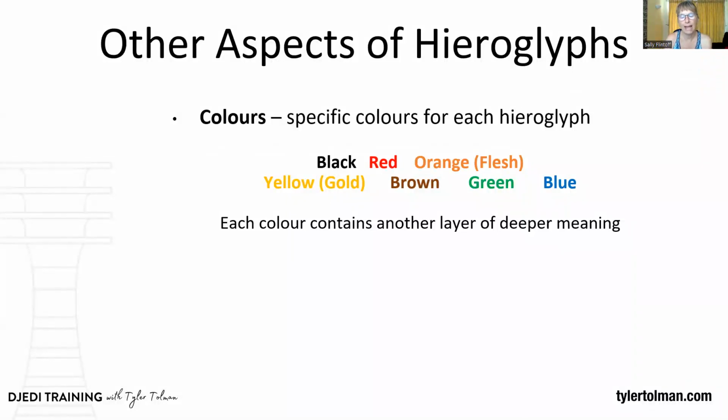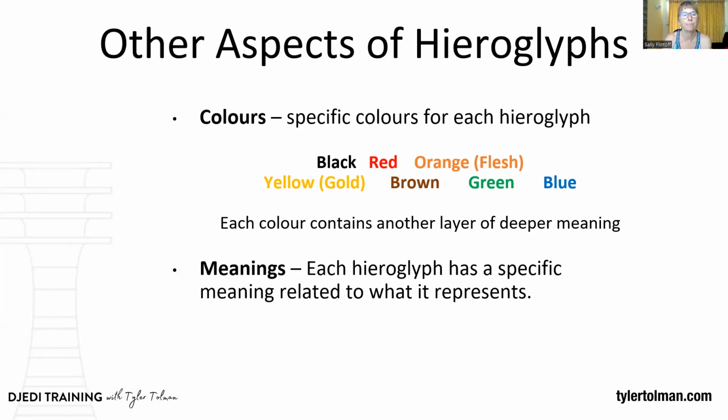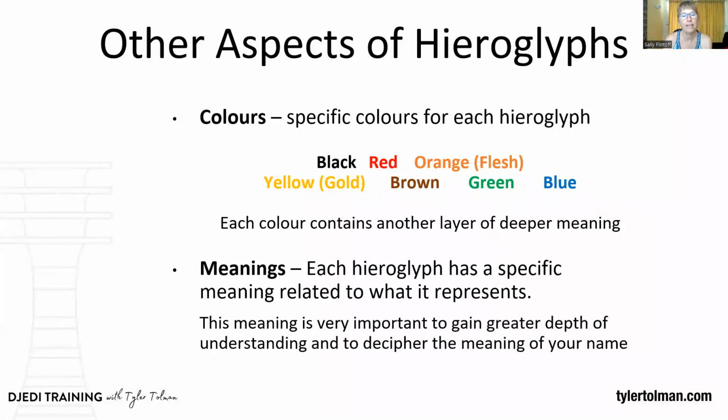We've got enough on our plate just learning which hieroglyph goes with which letter of the alphabet and what its meaning is. So each hieroglyph has a specific meaning related to what it represents, as well as representing a letter when we're looking at the phonograms. And this meaning is really important to gain a greater depth of understanding and to decipher the meaning of your name when you write your name in hieroglyphs.